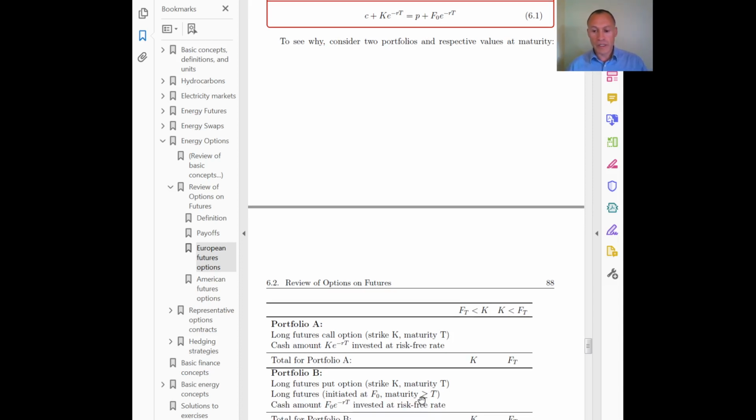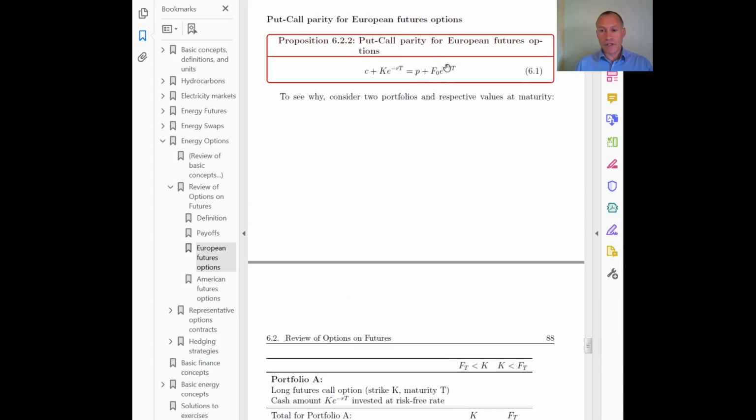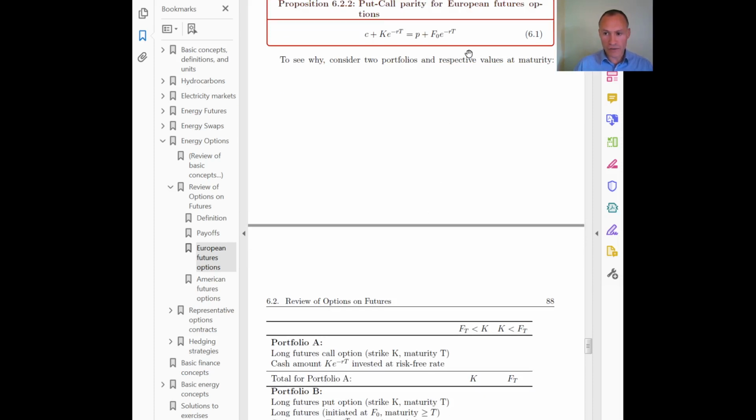And then you also have a cash amount equal to this, invested at the risk-free rate. Again, if you invest this at the risk-free rate, when you get to this terminal date, you will have F0. So if you add up all the three outcomes, you will find again that this is the total net payoff that you have in these two states. As you can see, portfolio B and portfolio A give you exactly the same payoff at day T. Therefore, they need to have the same price today. Again, notice that the futures, this middle asset here, does not enter into this equation because the futures costs 0 when you start.